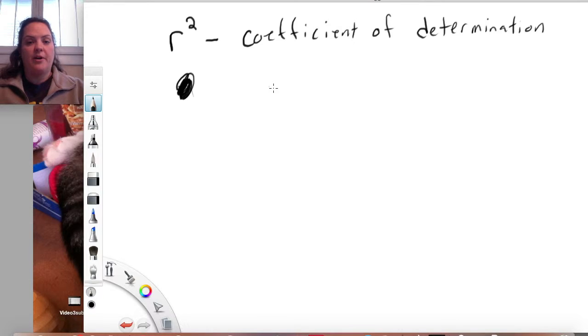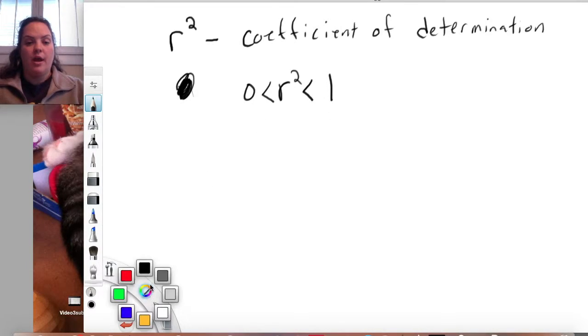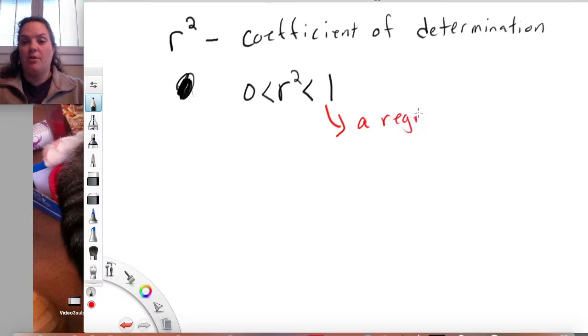So R squared can be any value between 0 and 1. And 1 means that our regression line perfectly fits the data.